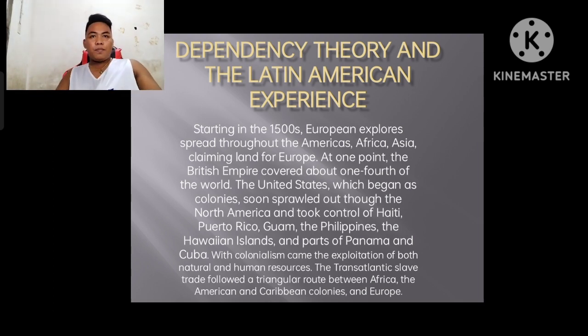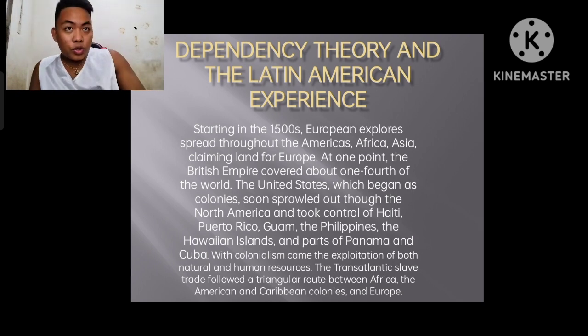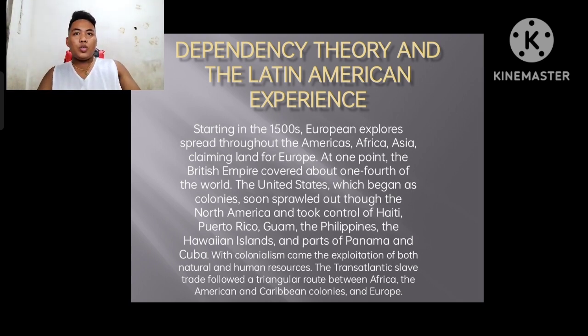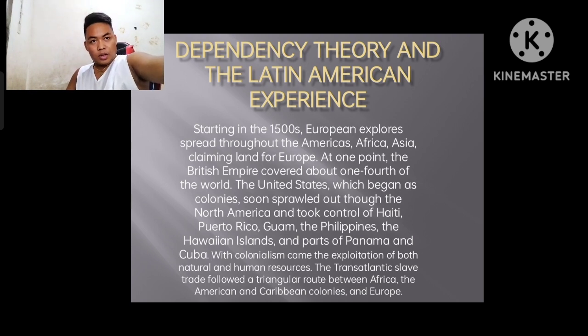With colonialism came the exploitation of both natural and human resources. The transatlantic slave trade followed a triangular route between Africa, the Americas and Caribbean colonies, and Europe.